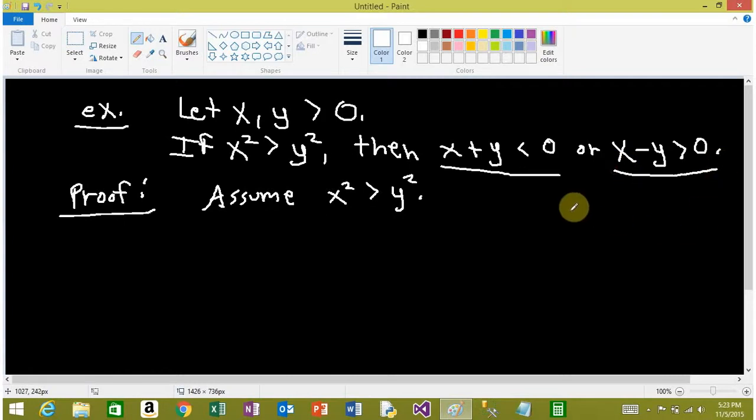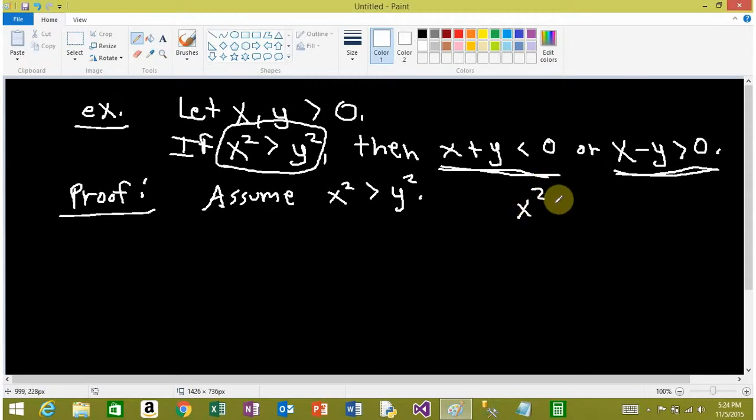So how are we going to arrive at that conclusion? We're going to do a little scratch work here on the side, working with this inequality to see if we can get something like this. This won't be included in the proof.